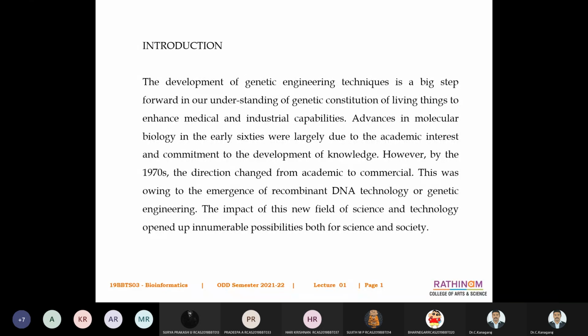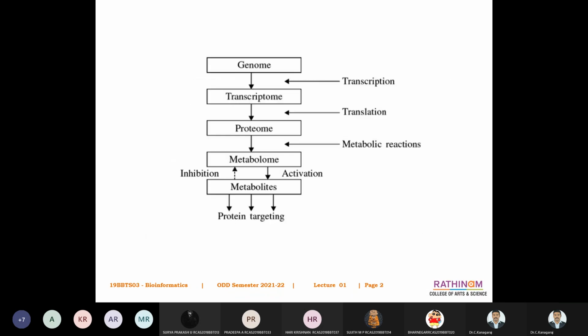After that, it slowly bloomed with the technology upgradation of bioinformatics. Okay, so the information retrieval from the biological database. Bioinformatics is nothing much but information retrieval from the biological database.